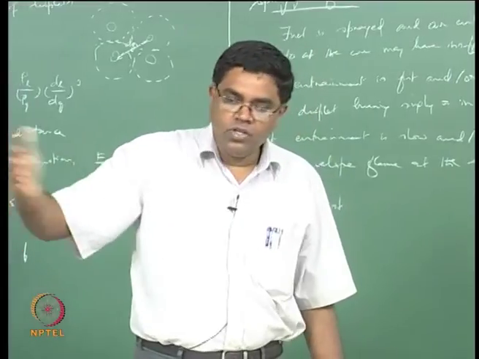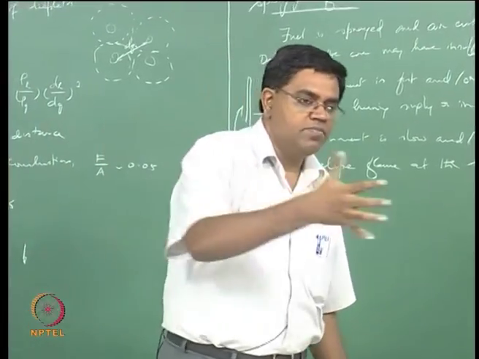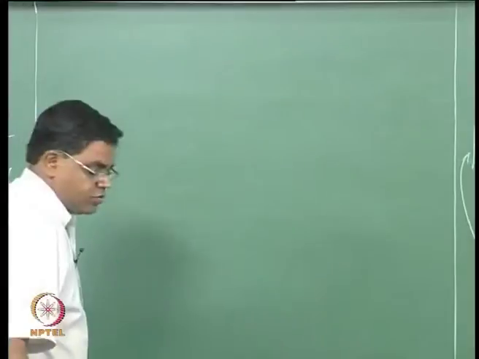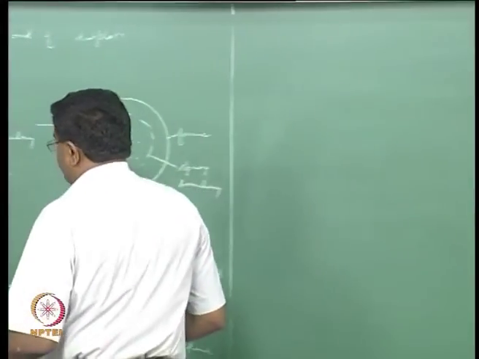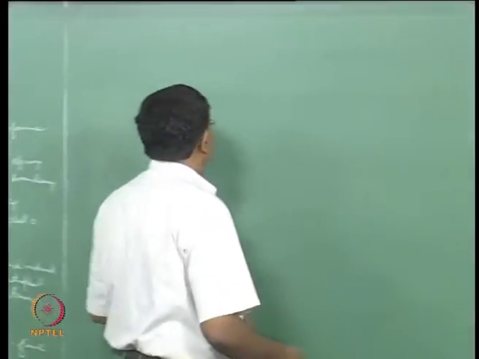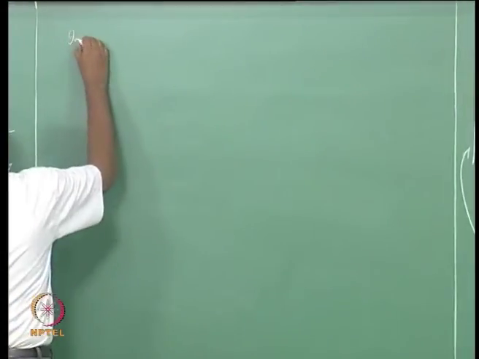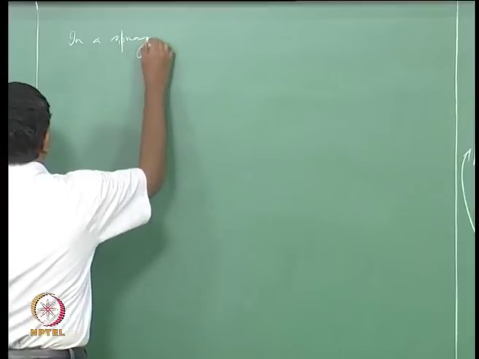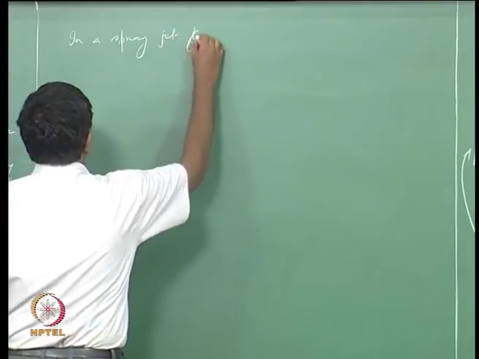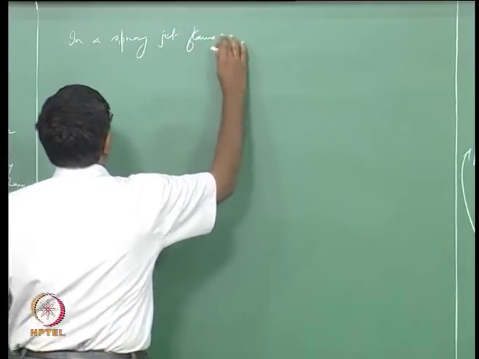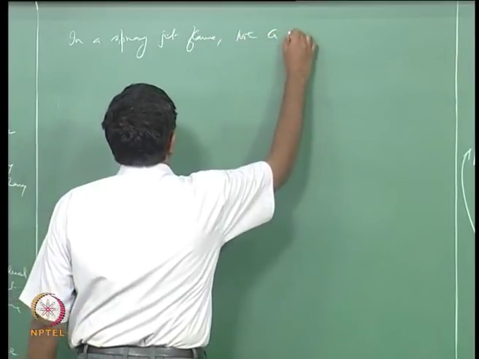So it's like a variable G that starts with a high value and then keeps proceeding along a low value. So this is where it's not just purely a geometric parameter that we can rely on, we have to bring in the flow effects. Therefore in a spray jet flame G is variable, right.